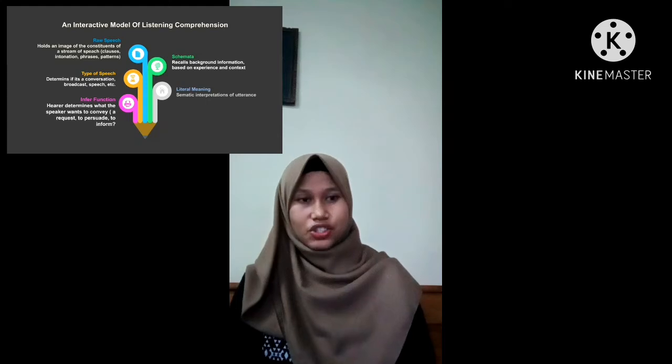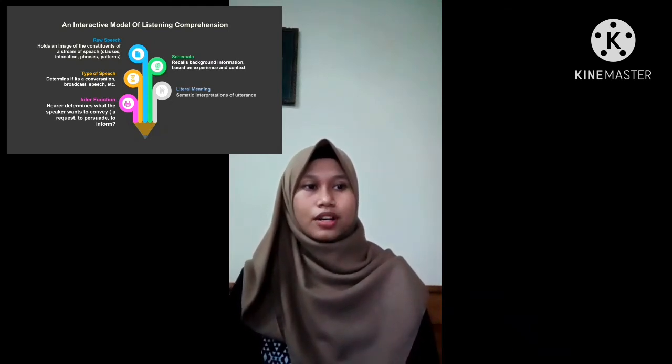The next material is about an interactive model of listening comprehension, followed by Clark and Richards. The first is raw speech, holding an image of constituents of a stream of speech: clauses, intonation, phrases, and patterns.